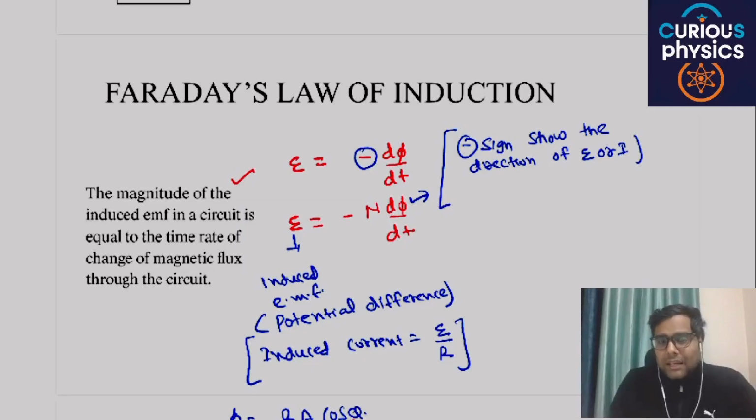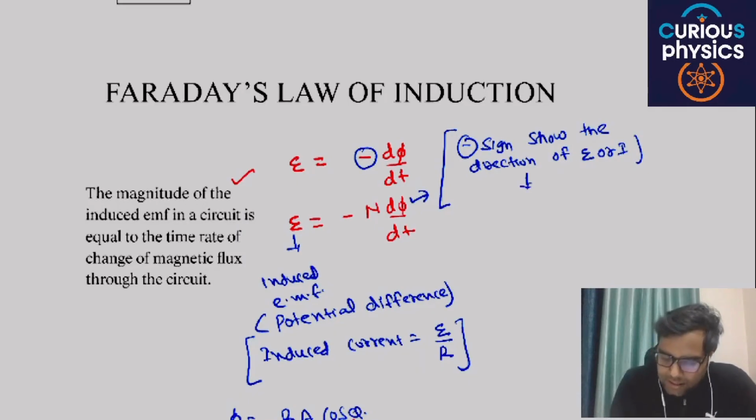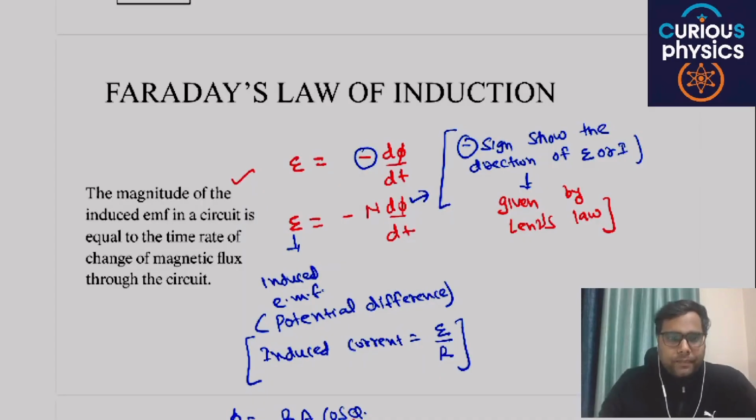This minus sign shows the direction of induced EMF or induced current, and this direction is easily given by Lenz's law, which we will discuss in the next section.